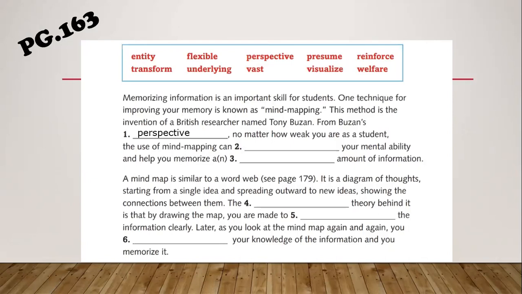Number 3. Your mental ability and help you memorize. Thank you, Melly. Number 3 is, yes, in that case is the other one. Remember, the amount of information is vast, Abby, yes, vast, number 3. Okay, and number 4. Number 4 is underlying, the outward of new ideas.